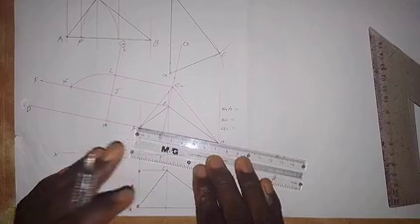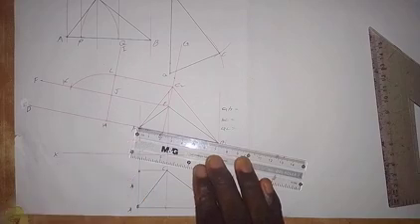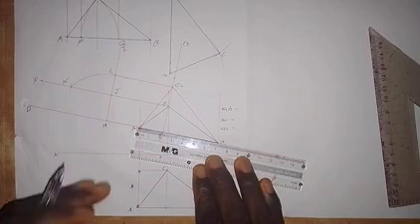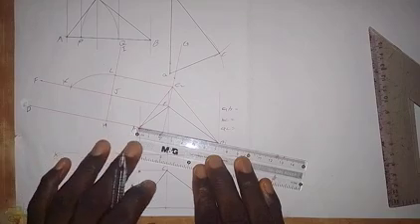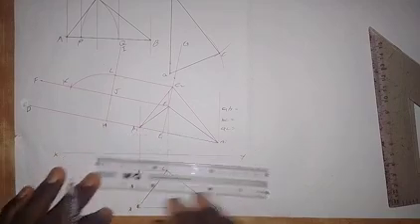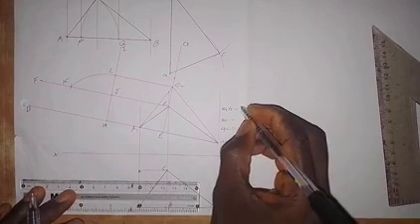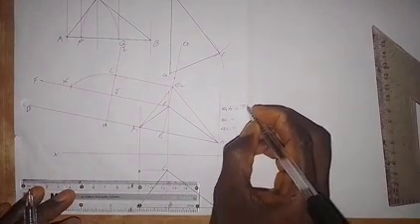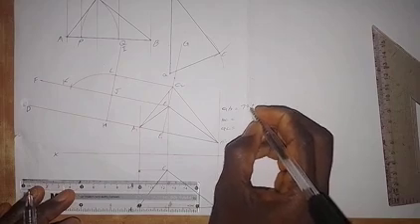When it comes to work like this, there will be variation. When you are taking the measurement, it can be 70, 71, or 72. If it's 71 or 72, don't worry, you are still right, as long as it is not less than 70. So here I will have AB is 72 plus or minus 1.